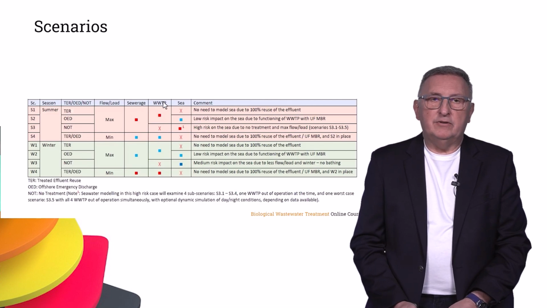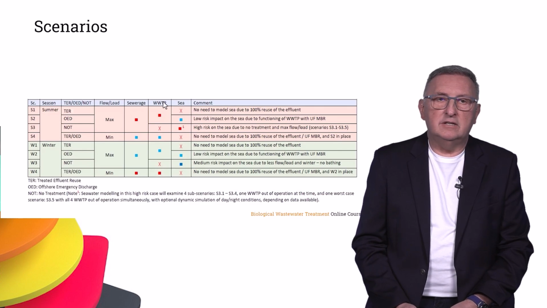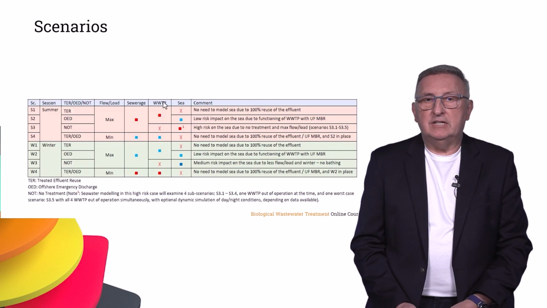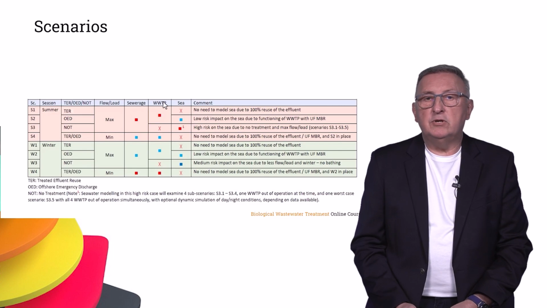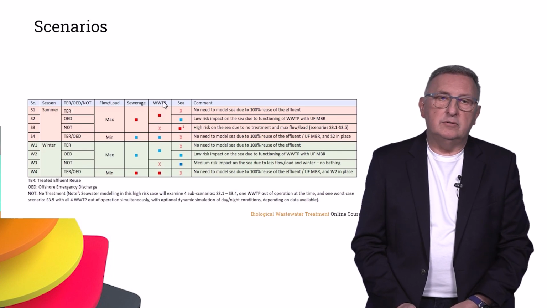We developed a number of scenarios, and in this particular case, what is important is the difference between summer and winter conditions. In the summer conditions, we have a touristic season in Istria and in the rest of Croatia, so the population is increased by many times. In the winter conditions, we have less population, and it's mostly domestic population. And of course, we have maximum and minimum situations in these 2 periods.